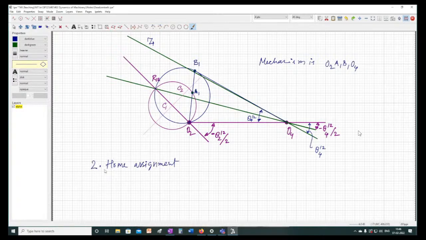This is home assignment 2. So in this home assignment, what you will do, you will learn about the use of poles, use of poles and relative poles.